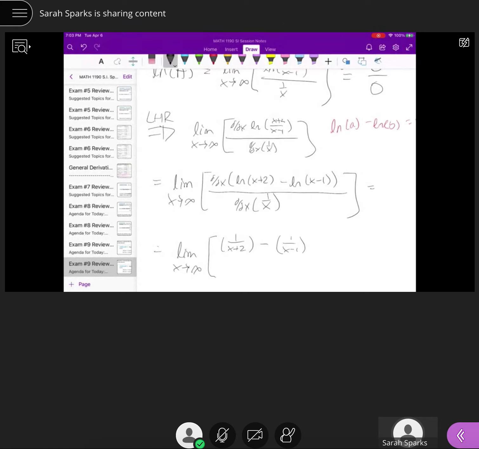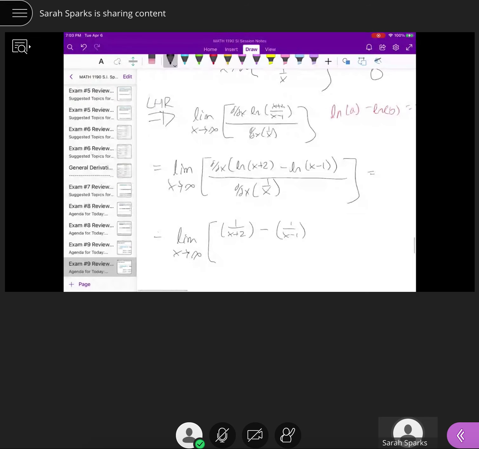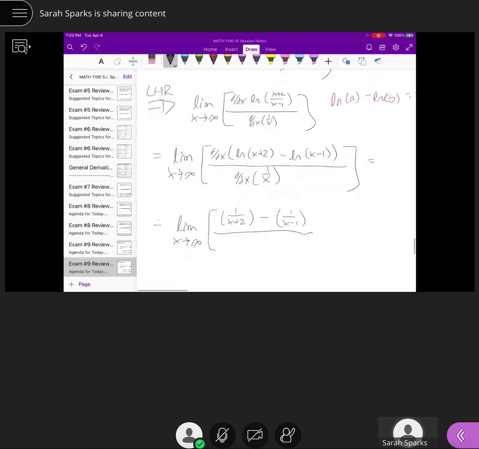And then we would multiply by the derivative of x plus 2, but the derivative of x plus 2 is 1, and the derivative of x minus 1 is 1. I don't think that we need to write that out. And then the derivative of 1 over x, that's going to be the derivative of x to the negative 1, right?